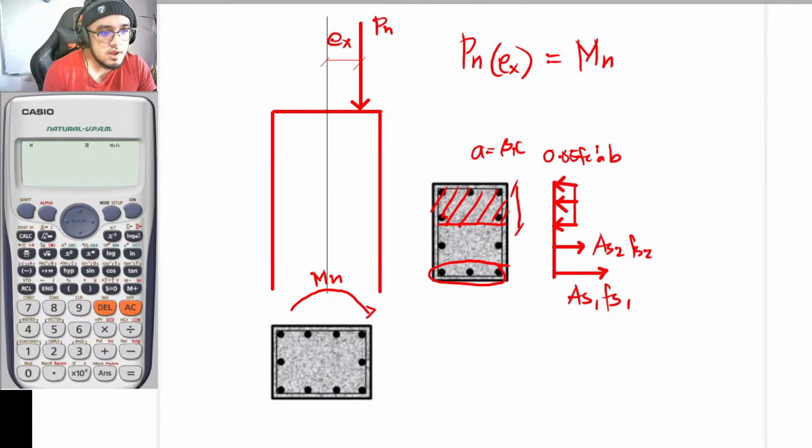And do not forget, guys, that you still have your compression bars. So with that, your compression bars would now be located here and located here. Okay, so this one is to be your As1 prime, fs1 prime, and this is now to be your As2 prime and fs2 prime.